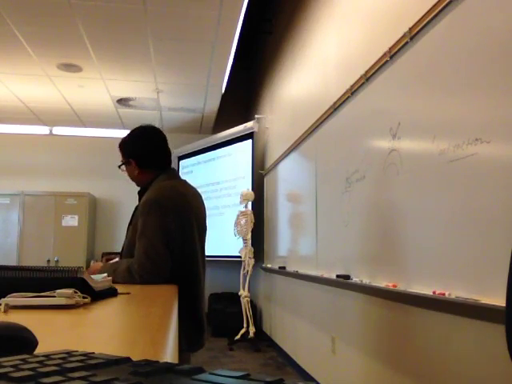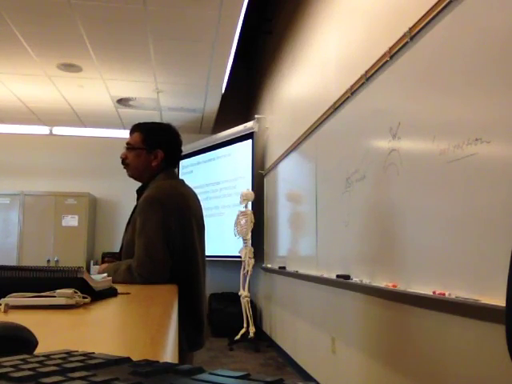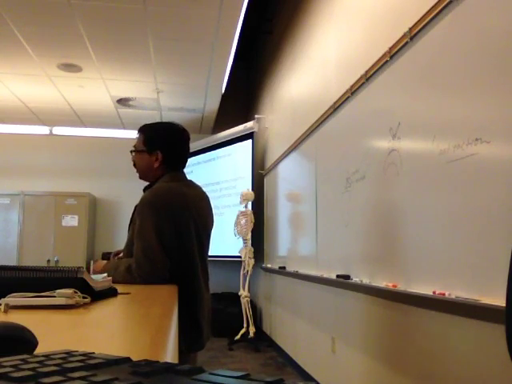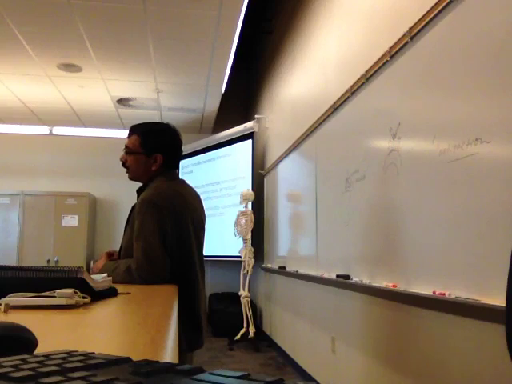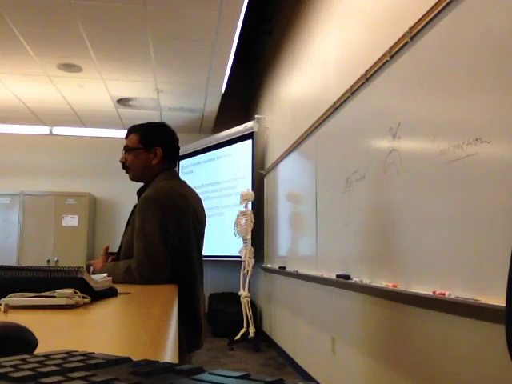Angiotensin 2 is a chemical that causes vasoconstriction. It will constrict the blood vessels and will increase the blood pressure. Okay? You know that how to increase the blood pressure, right? If you can increase the cardiac output, the blood pressure will increase.